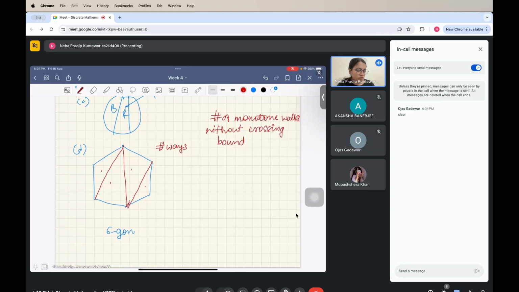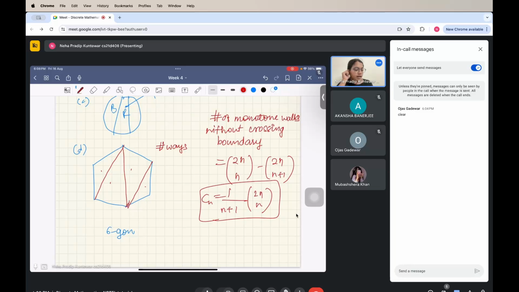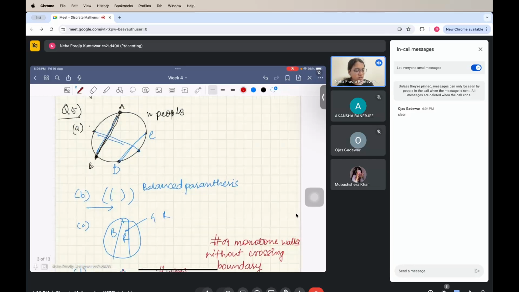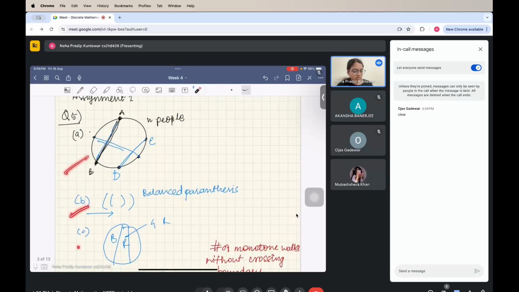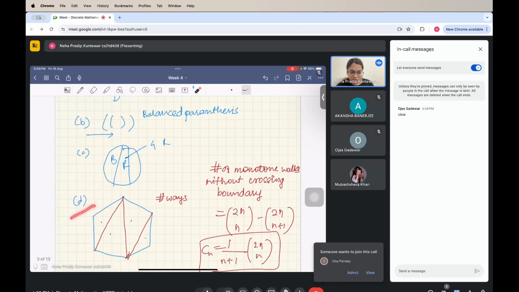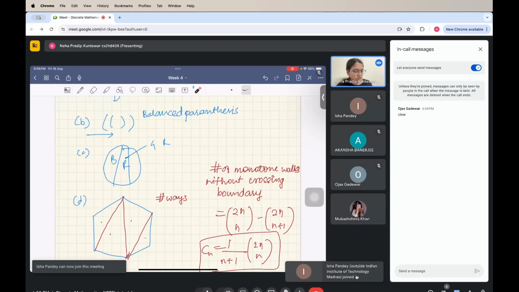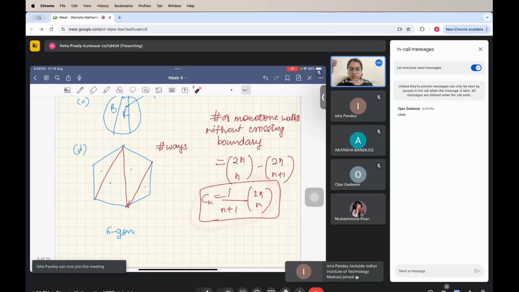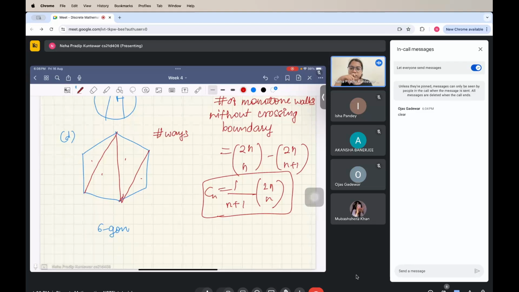This is in fact what the fourth question talks about, and we saw that this number is 2n choose n minus 2n choose n plus 1, and when you simplify this it turns out to be this, and this is what your nth Catalan number looks like. And what this question asks you is which of these A, B, C, D. You have 4 counting problems, and the question is which of these answers would turn out to be equal to the Catalan number. So let's see how do we do that.